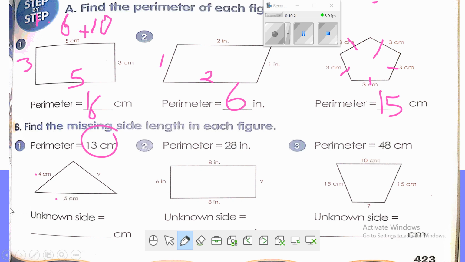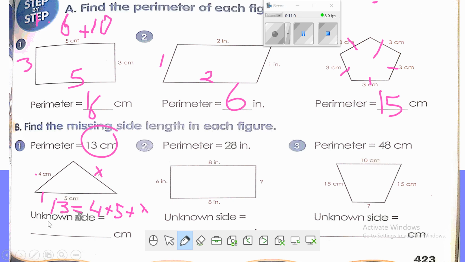So I have to say that it is 13, which is the perimeter. So 13 equals the total of sides. It will be 4 plus 5 plus x. What is x, teacher? It means the unknown.